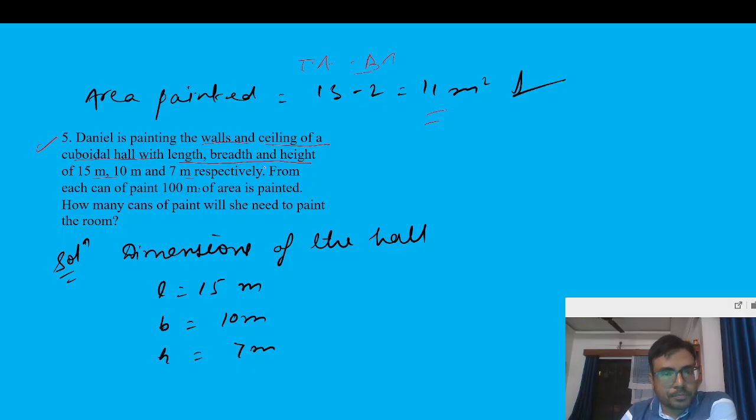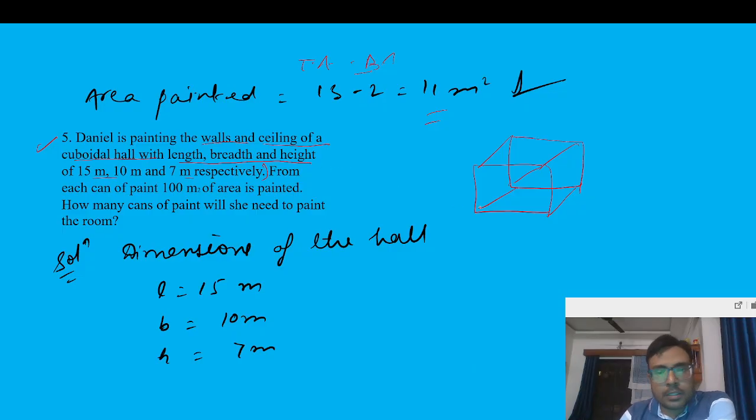Now there is one catch in this question. Daniel is painting the walls and ceiling of a cuboidal hall. So how does your cuboidal hall look? Again, make a cuboid. This is how I learn.